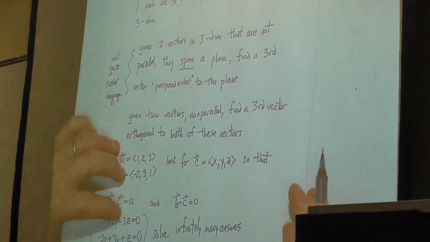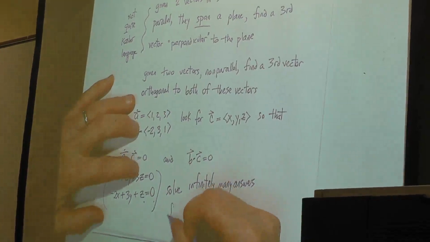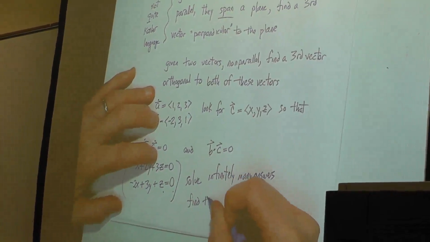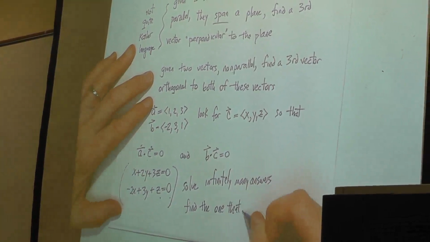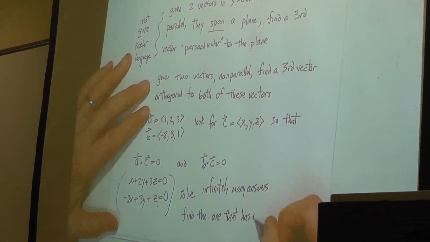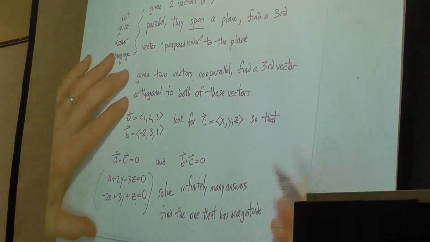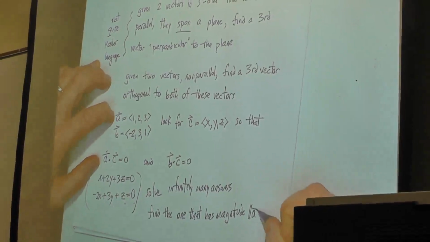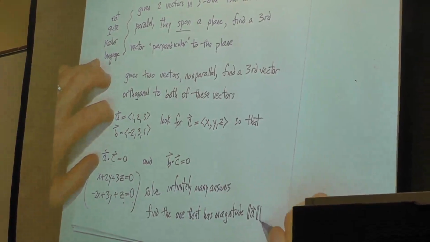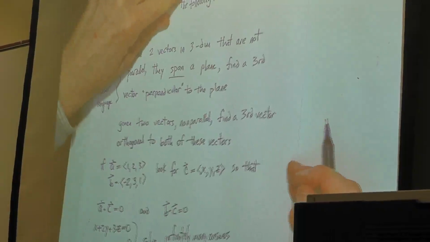So since I have my pick, find me a particular one. And I want it to have magnitude of A, magnitude of B, and up above we had the cosine. I'm going to throw in sine here.